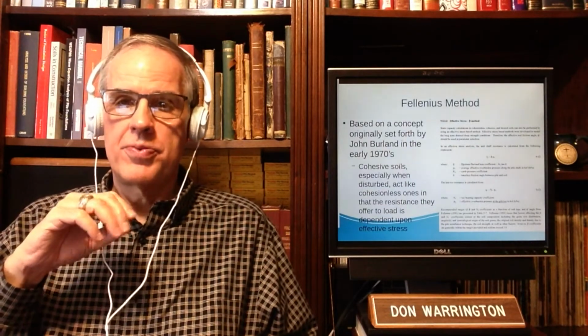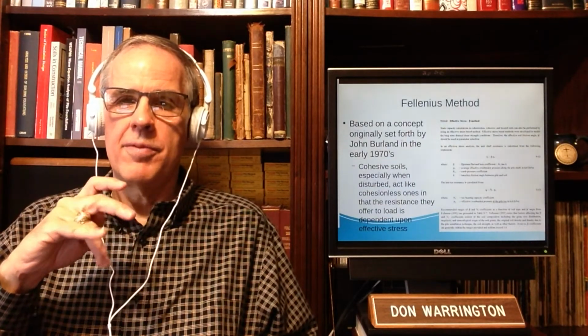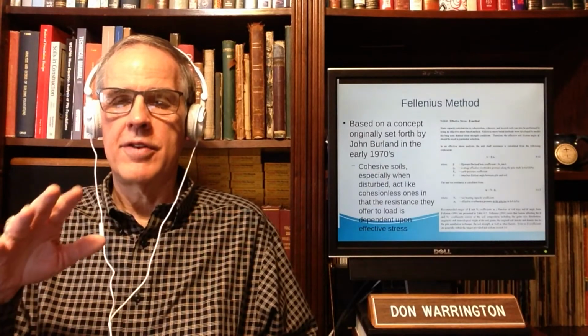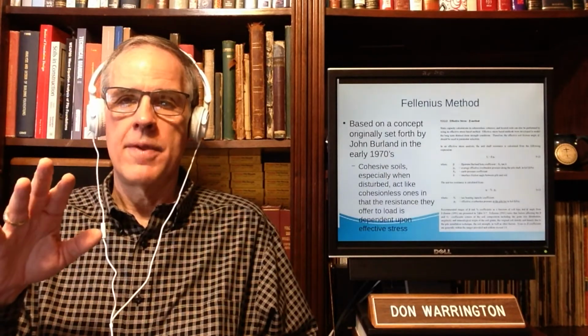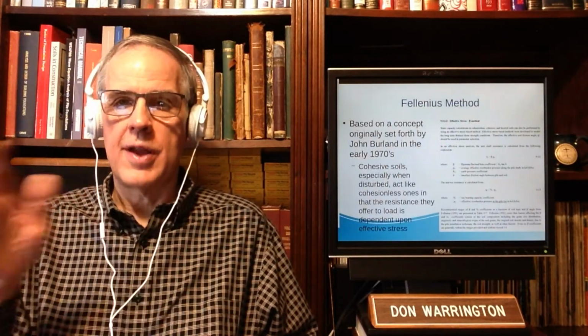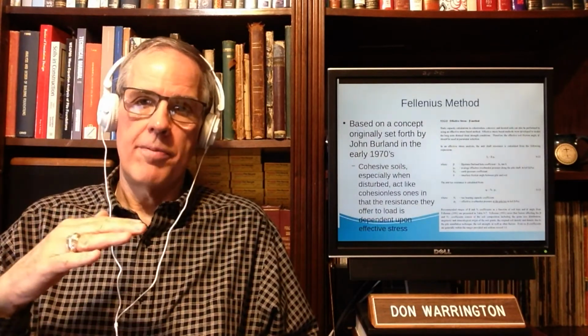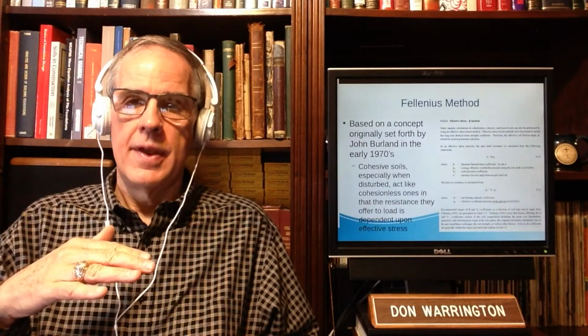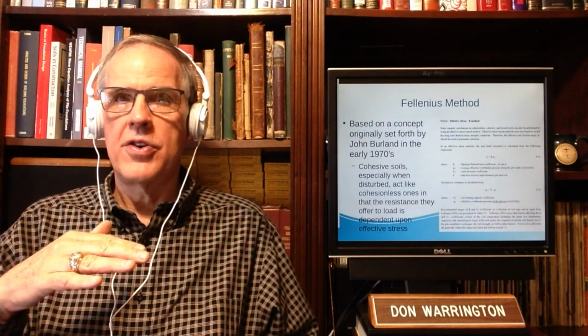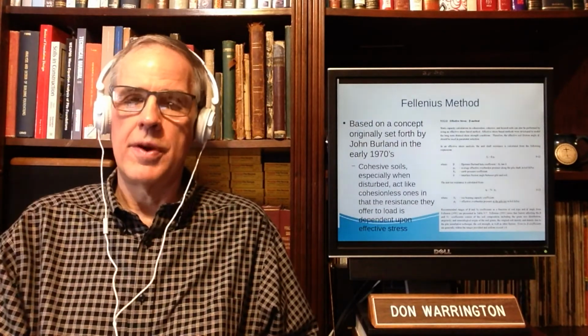That was very much an accepted way of doing things, and that's the FHWA's rationale with the Nordlund/Tomlinson. The Tomlinson is your classic alpha method, and your Nordlund is a beta method. Until the early 1970s, nobody really challenged it.